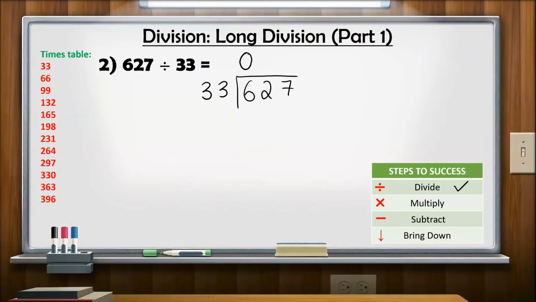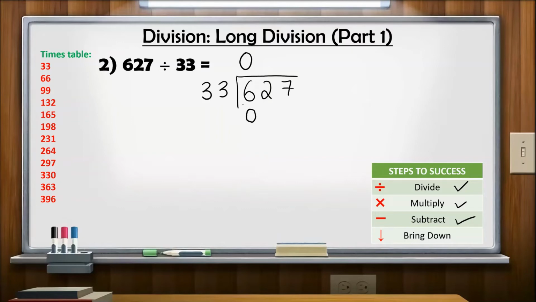The next step I'm going to do is multiply. So I'm going to multiply my divisor with my answer. So 33 times 0 is 0, and the 0 will be placed underneath my first digit like this. The next step to success is to subtract.